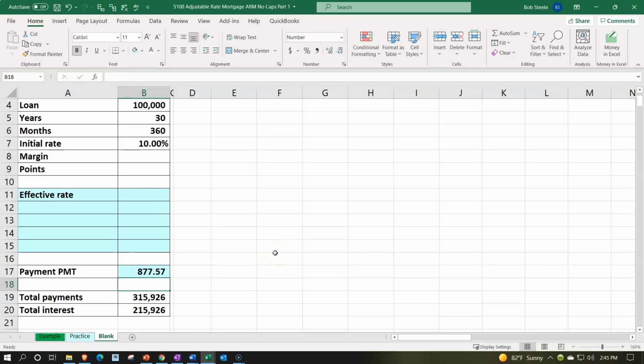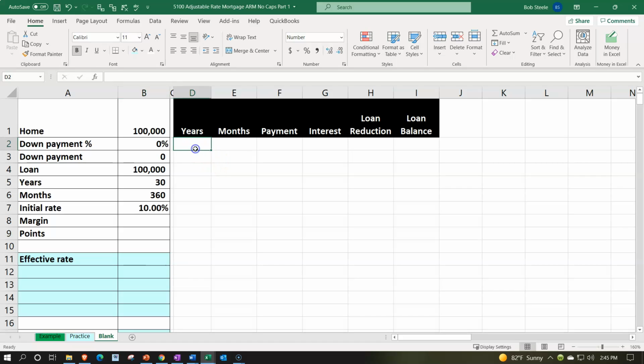If we construct our amortization table, which once again I'm going to do quite quickly because we've seen this in the past, if you want to construct a standard straight 30-year amortization table more slowly, take a look at prior presentations. I've already got the headers up top: years, months, payments, interest, loan reduction and loan balance.